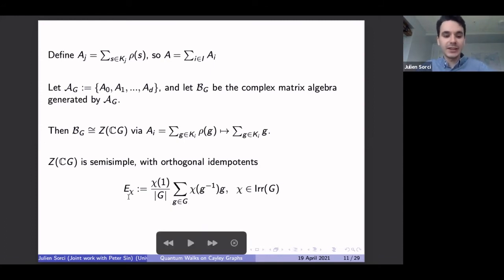Technically this E sub chi lies in the group algebra, but because of the isomorphism up here, I'll be talking about it as if it were a matrix, just by conflating it with its image in the isomorphism. So don't be scared if I do that.